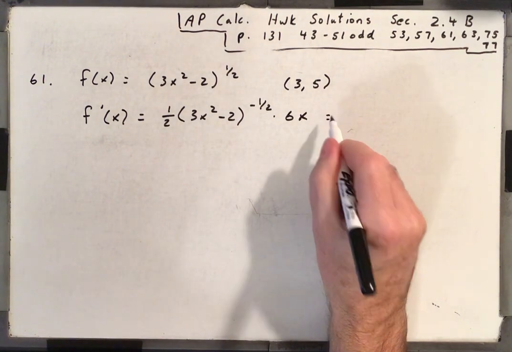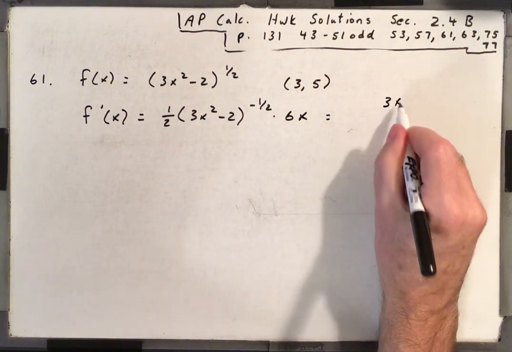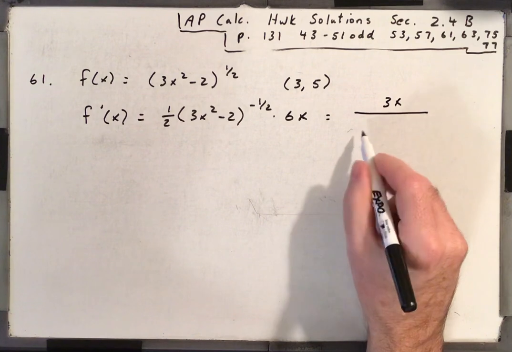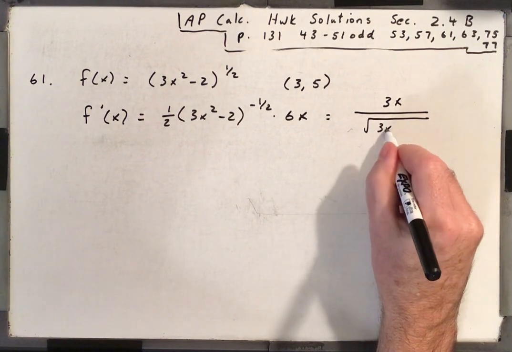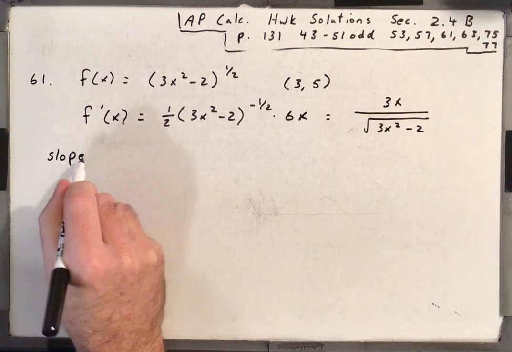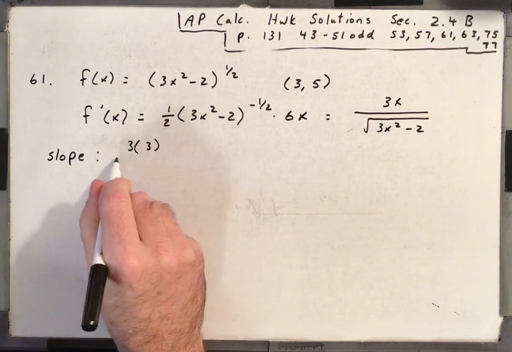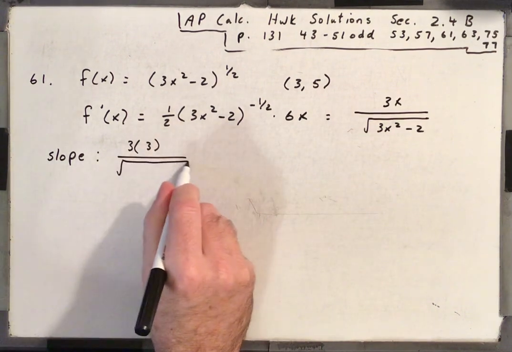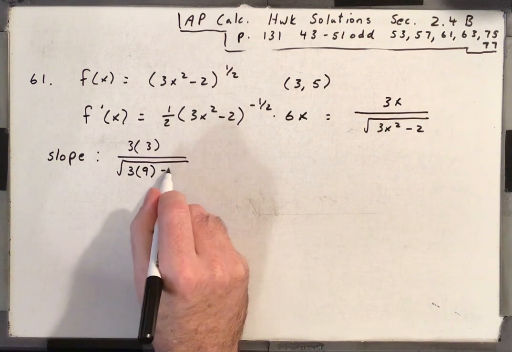That's going to be, if I clean this up a little bit, 6 over 2 would be 3x on top over the square root of 3x squared minus 2. So our slope, I'm going to plug in 3, right? 3 times 3 over the square root of 3 squared would be 3 times 9 minus 2.